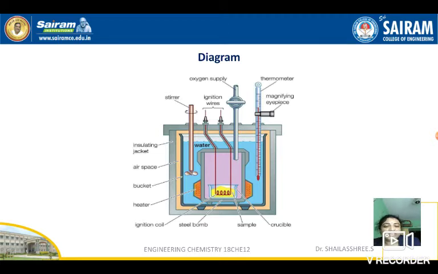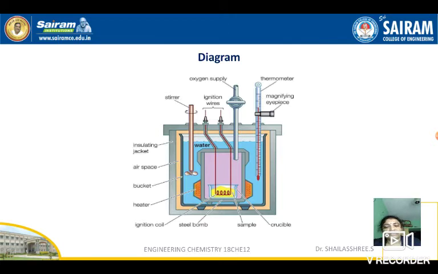What is there in a stainless steel bomb? A platinum crucible equipped with the ignition wires, and the stainless steel bomb also has an oxygen valve for the supply of oxygen. This complete stainless steel bomb is covered with a copper apparatus, which is called a calorimeter.